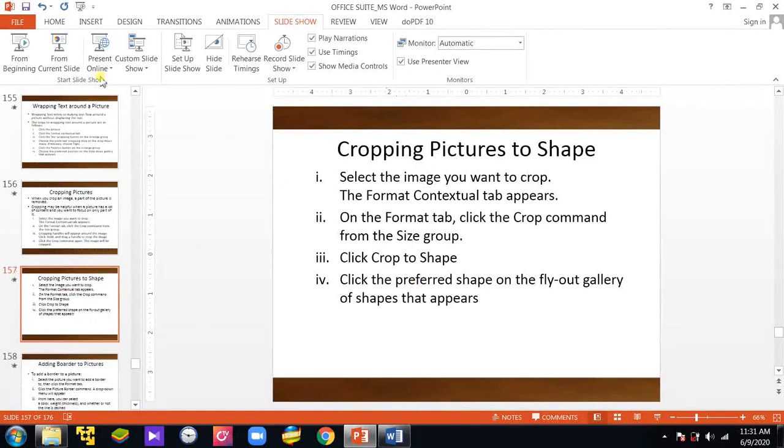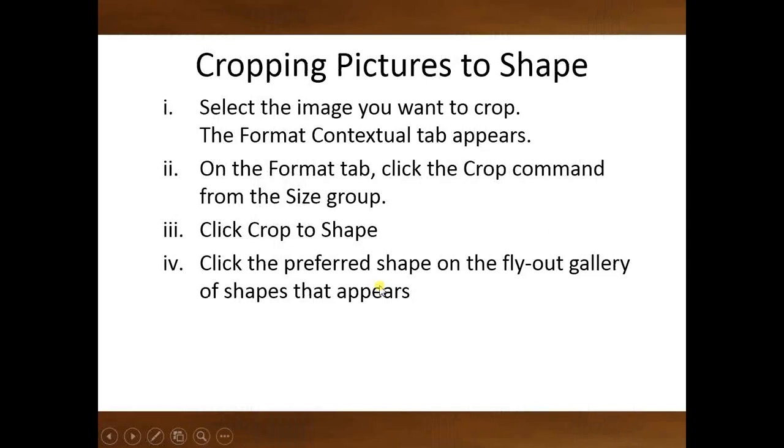Sometimes you may want to crop to a certain shape. For instance, you may want to crop to a shape of a hat or something else. Let us look at how we can crop images to shapes. The steps are given to us as follows. 1. Select the image you want to crop. Once you do that, the Format Contextual tab appears.